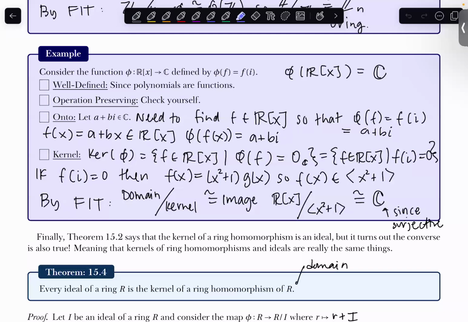So this gives us a way to connect what's going to happen, or really put a light bulb in for us when we see this later on. When will I know that these are isomorphic? What happens when I quotient out by something that I know the zeros of and I know where they live? And so we'll get a lot more information about this kind of stuff in our next chapter on polynomial rings.